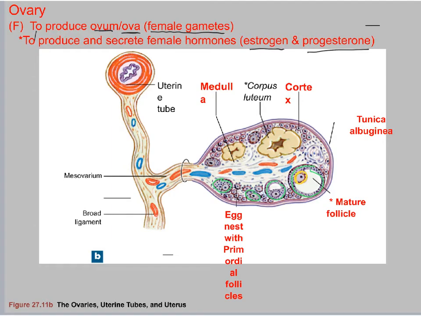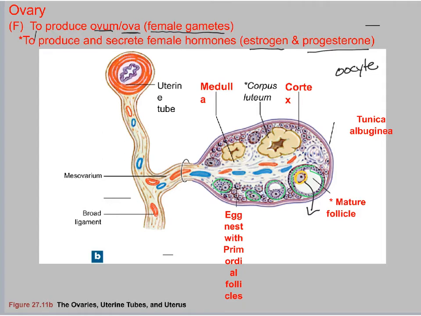That egg cell is called an oocyte. Now, we don't use the term ovum until that oocyte is released from the follicle. So that's just a little bit of an explanation of the terminology for you.